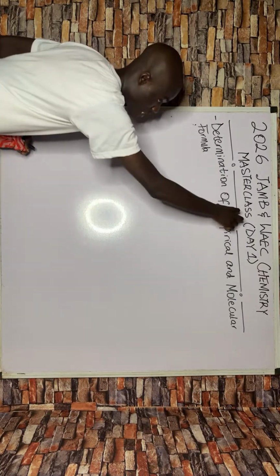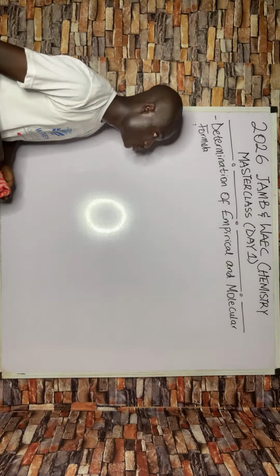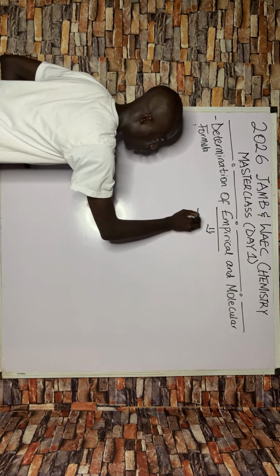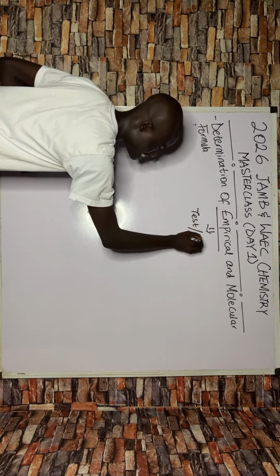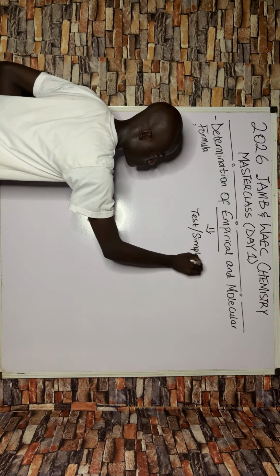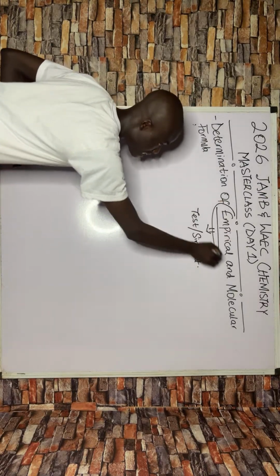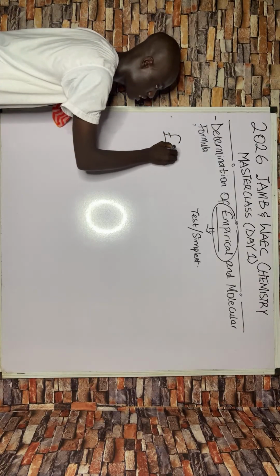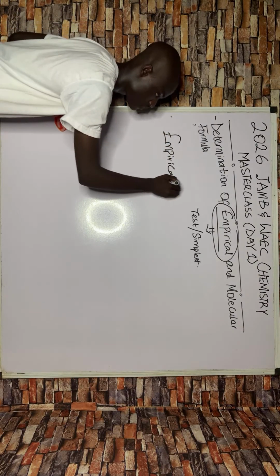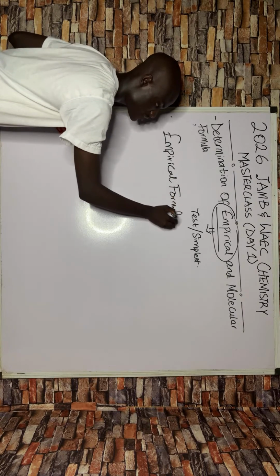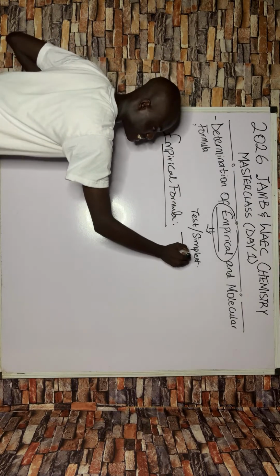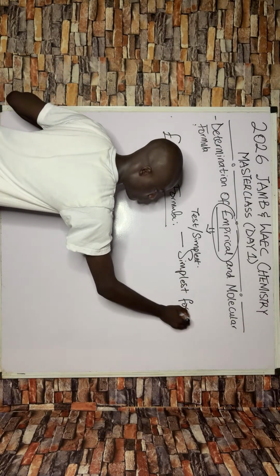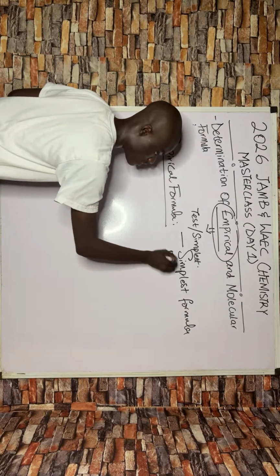When we talk about empirical and molecular formula, what do we mean? Empirical here simply means a test, or in essence it means the simplest formula. So we'll take the definition for empirical formula. Empirical formula is the simplest formula. There are three key things. It is the simplest formula of a chemical compound.